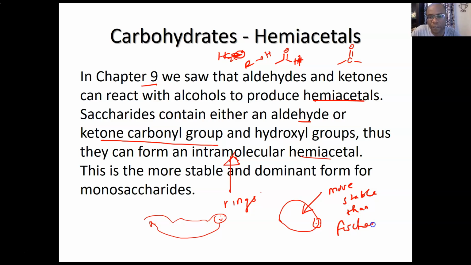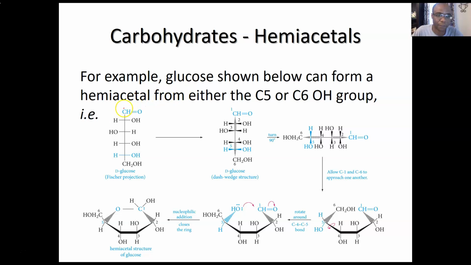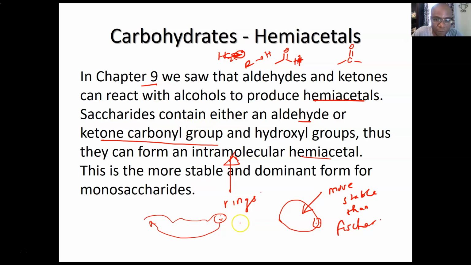Okay, and that happens by doing a nucleophilic attack with the alcohol. So let's look at that. So these are Fischer projections. I want to explain this slide of cyclization using a mechanism.